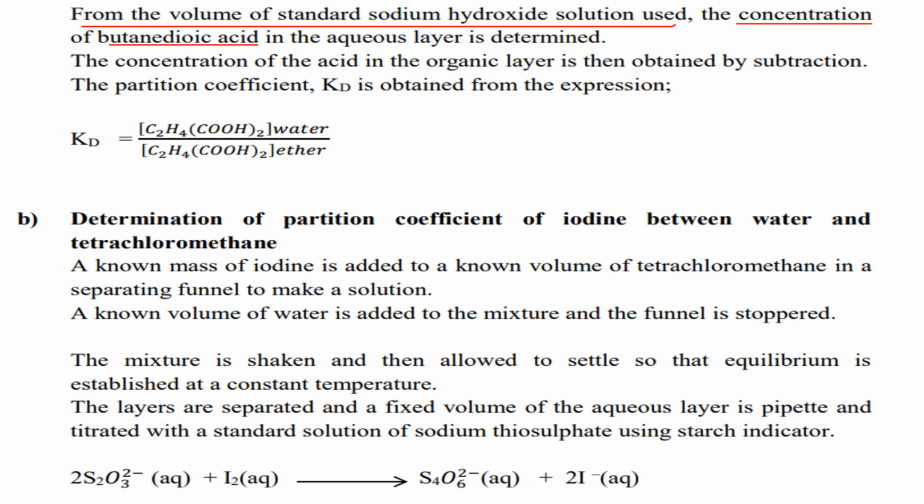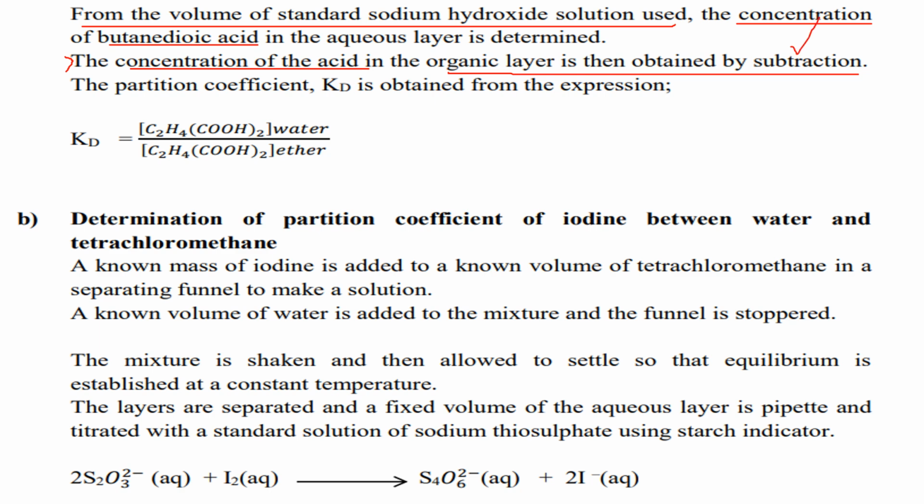Now what about the concentration of the acid in the organic layer? How is it going to be determined? So this is the purpose of the second statement. We are saying that the concentration of the acid in the organic layer is then obtained by subtraction. This is enough for it.